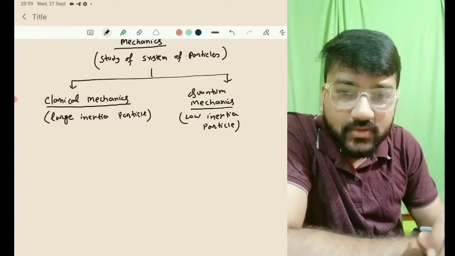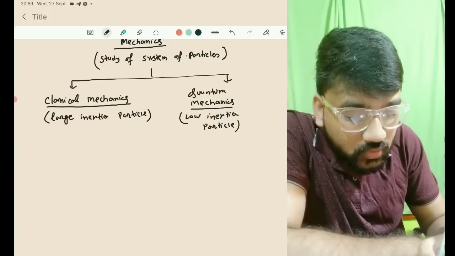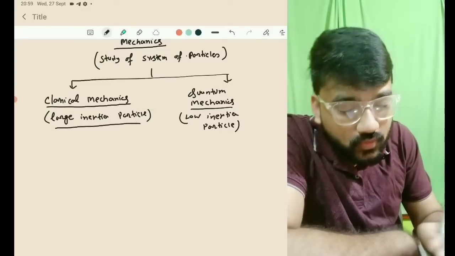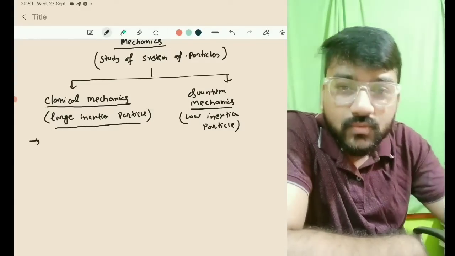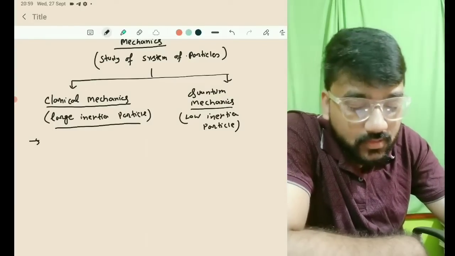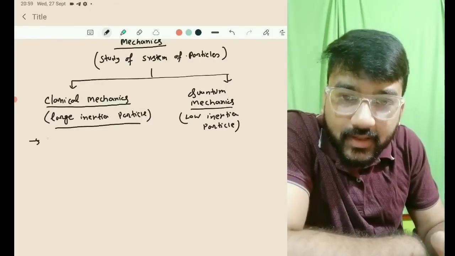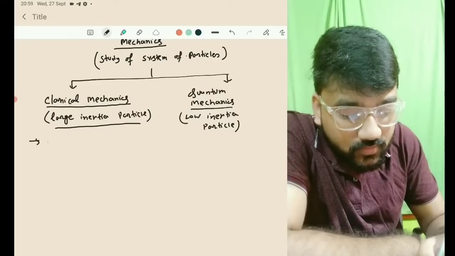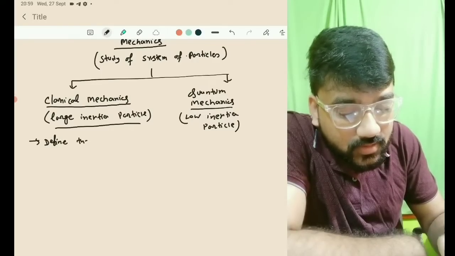Now, what is the approach of studying the system, maybe in classical mechanics or maybe in quantum mechanics. You have already studied classical mechanics. So first we have to define the state of the system, that is, we have to define the system at t equal to 0 basically.